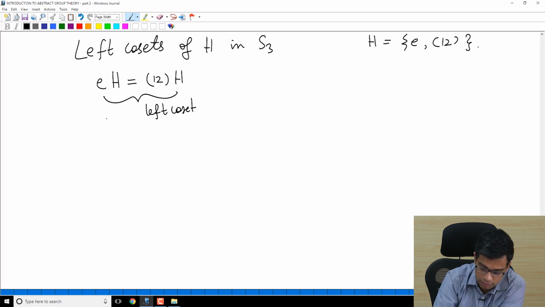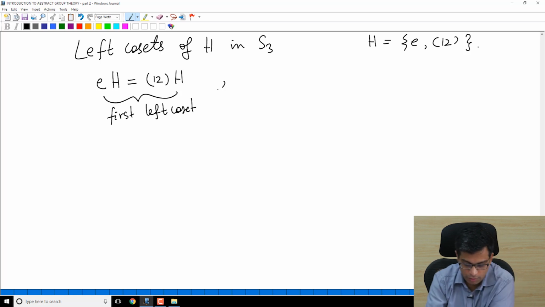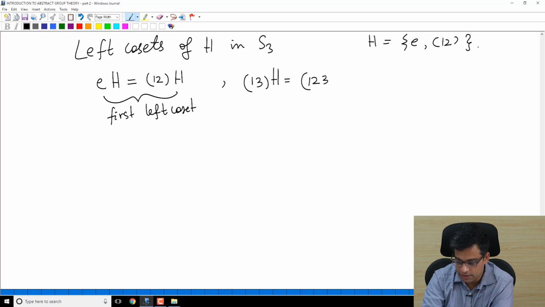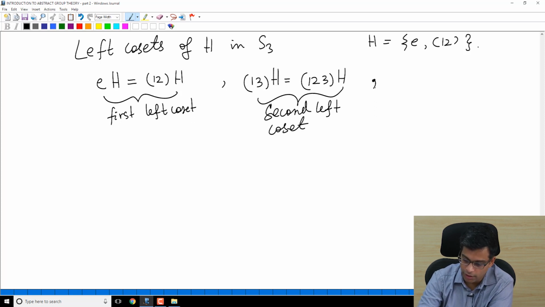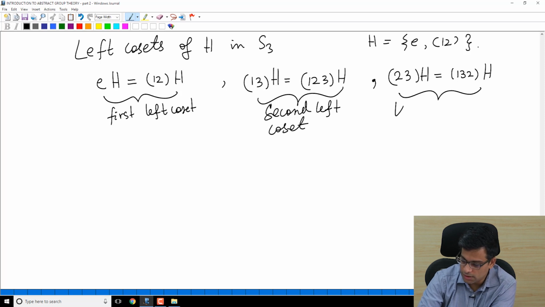This is the first left coset I wrote. The second one is (1 3)H, which also happens to be same as (1 2 3)H. This is the second left coset. And finally we have (2 3)H, and that's equal to (1 3 2)H. This is the third left coset.